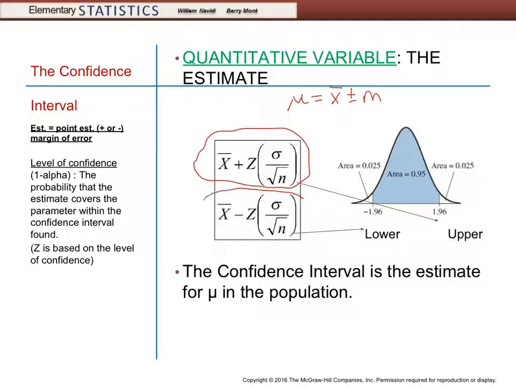And our lower bound is x bar minus z times the standard error. Now z is related to our confidence level. We find z by finding the area under the sampling distribution curve. So in this case, for an area of 95%, z would be a negative or positive 1.96 value.